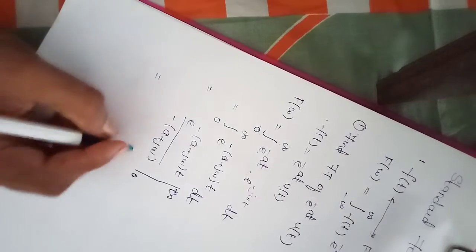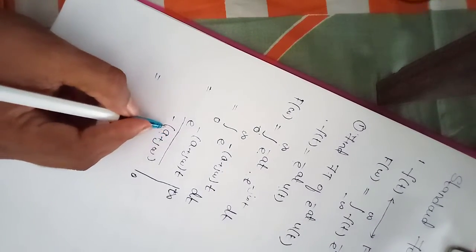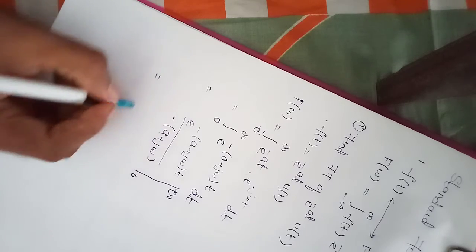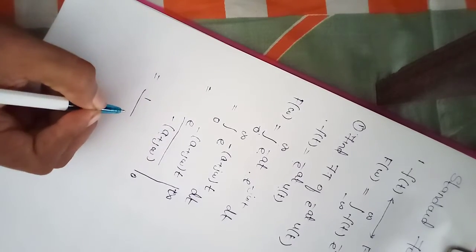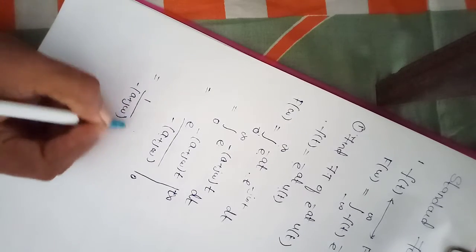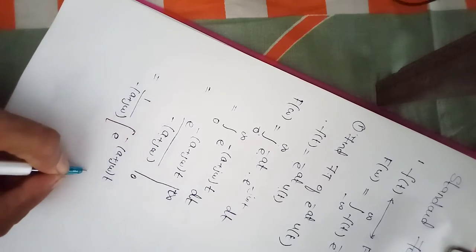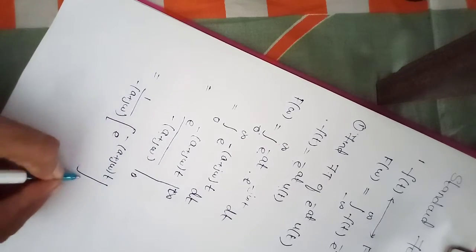If I take the term 1 by minus (a plus j omega) outside, this is e power minus (a plus j omega) t, over the limit 0 to infinity.